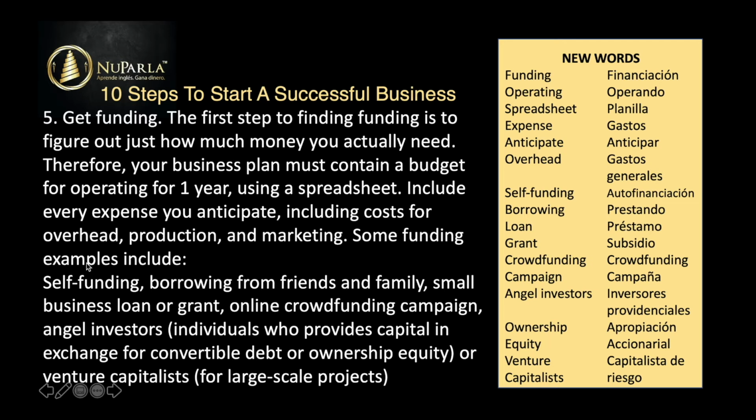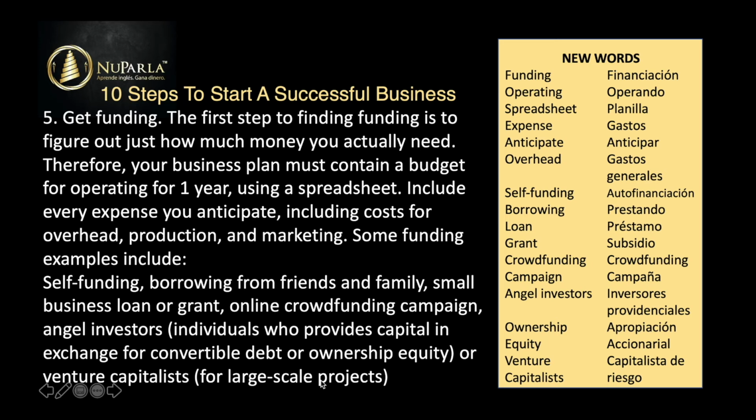Some funding examples include self funding, borrowing from friends and family, small business loans or grants, online crowdfunding campaigns, angel investors. These angel investors are individuals who provide capital in exchange for convertible debt or ownership equity, or venture capitalist for large scaled projects.